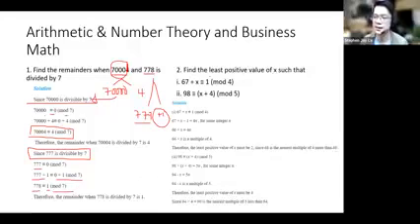Next, find the least positive value of x such that 67 plus x is 1 modulo 4 and 98 is x plus 4 modulo 5. The same procedure as this one: 67 plus x is equal to 1 modulo 4. Then we need to transpose: negative 1 equals 4n for some integer n.